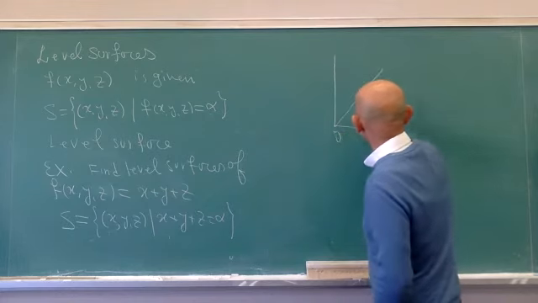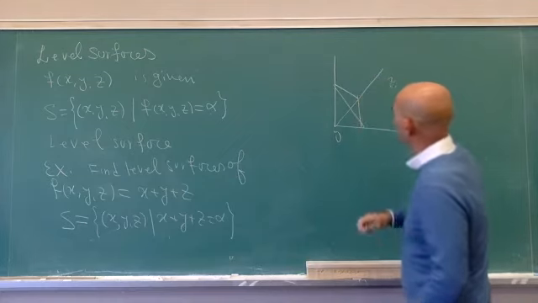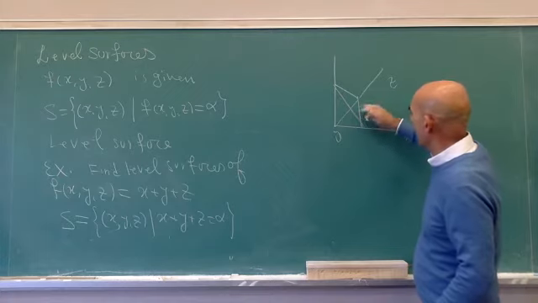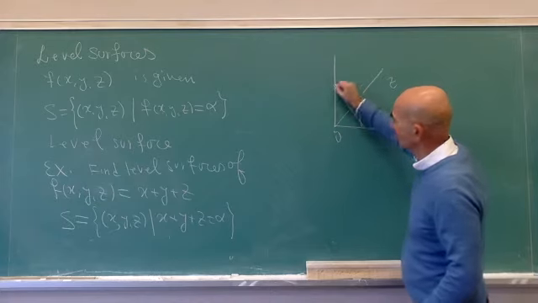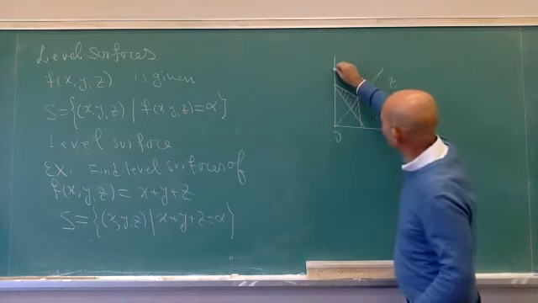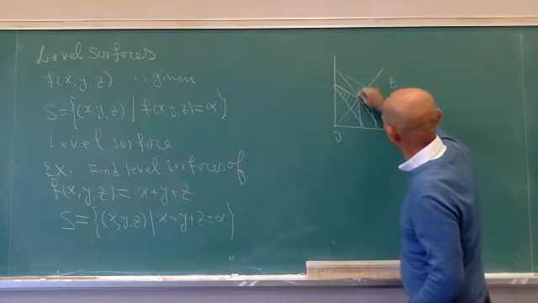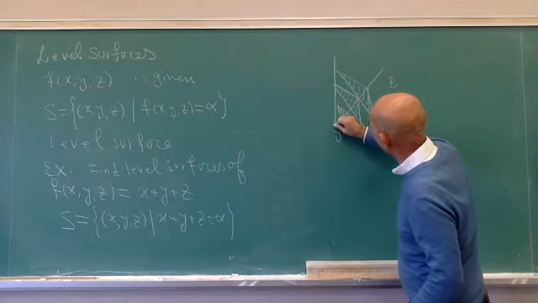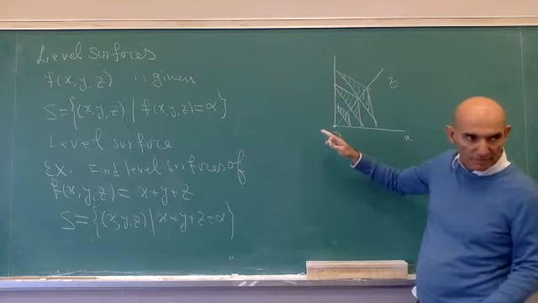X, Y, Z. Okay, so here is one. I just draw the portion of the plane that is in the first, I wouldn't say quadrant, first octant, right? Then there is a plane that passes through 0, x plus y plus z equal to 0.